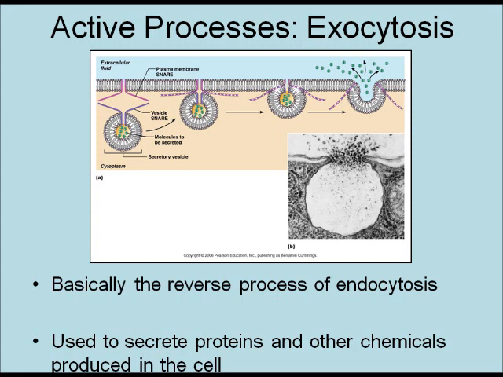As it does so, that releases this protein into the external environment of the cell, and now we're allowing something that was really too large to squeeze through the phospholipid bilayer, couldn't fit through a channel, couldn't fit through a transport protein. We're allowing that substance to be released from the cell without it ever actually having to cross the cell membrane itself, essentially, is the idea here. And again, an active transport process, because we're having to use energy in the form of ATP to move that substance across the cell membrane.